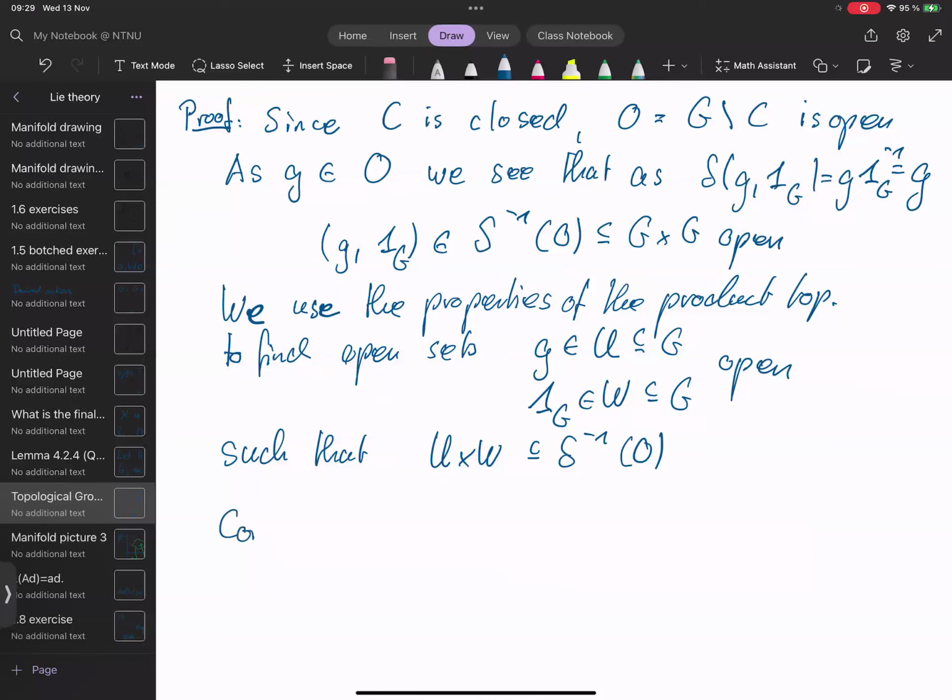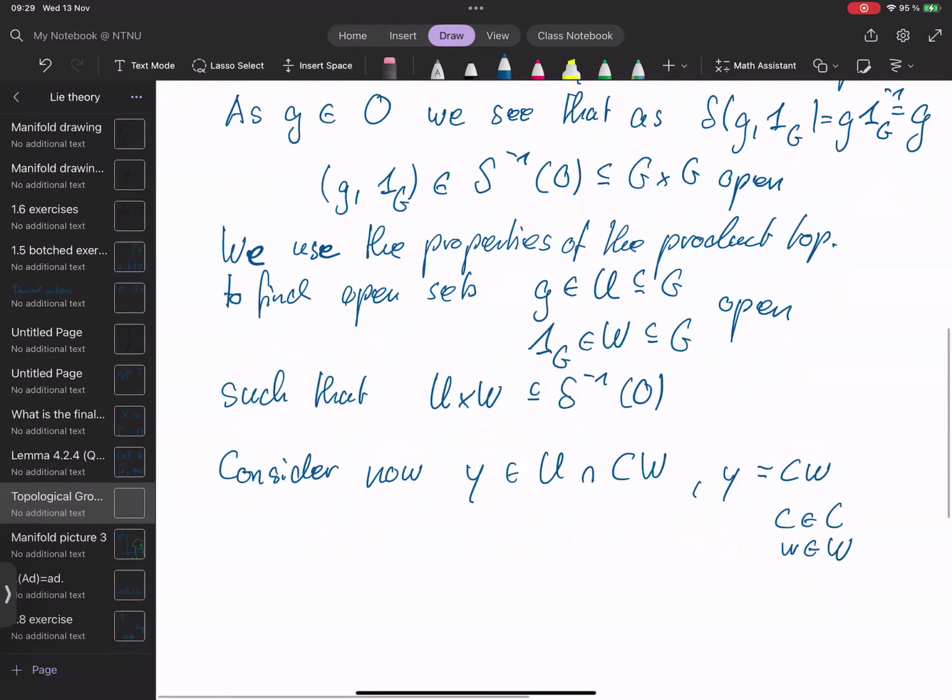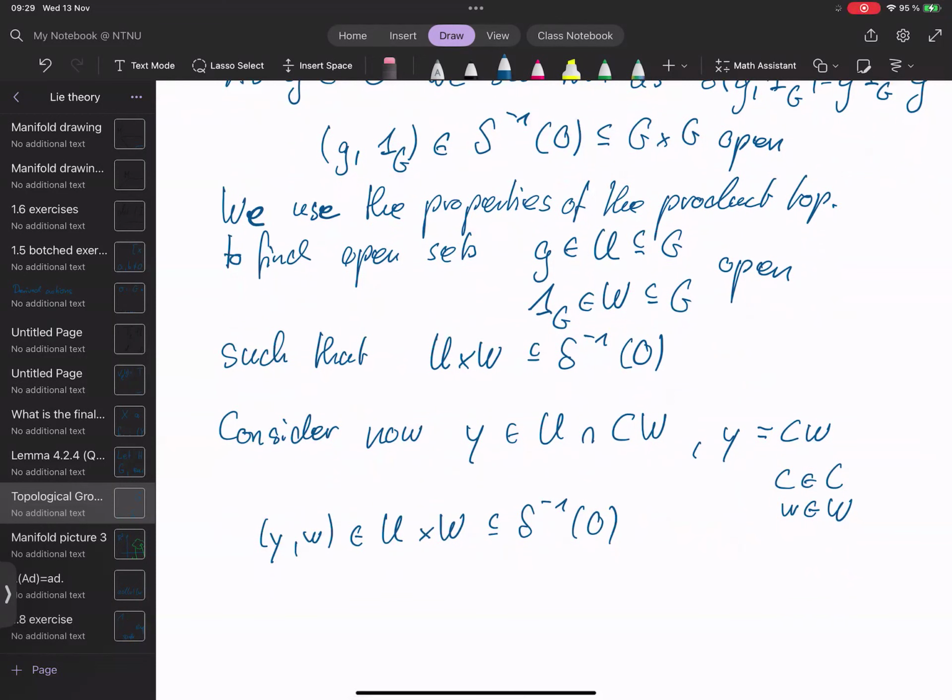Okay, let us consider now an element y which lies in the intersection of U with C times W. So we can write y as c times w, where c is in C and w is in W. Since w is in W, we have this nice pair (y, w). This is in U times W, and this is contained in the pre-image of O. Okay, so let's see what this brings to the table.